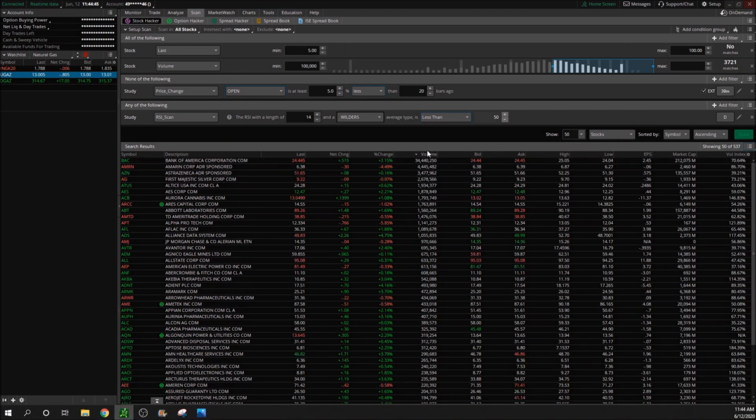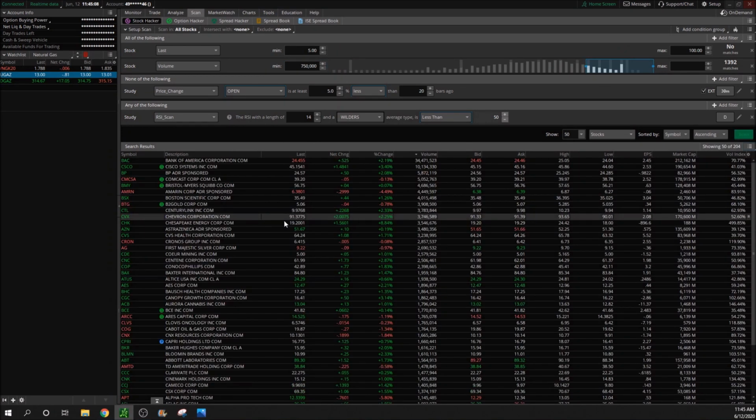Now I'm going to organize these by volume with the highest volume up top, so we can see which ones are going to be the best. Let's turn this up to 750,000, so we can scan these down a little bit and not have so many results.